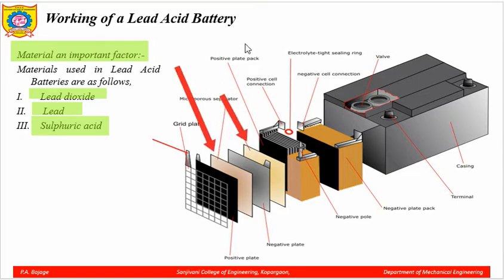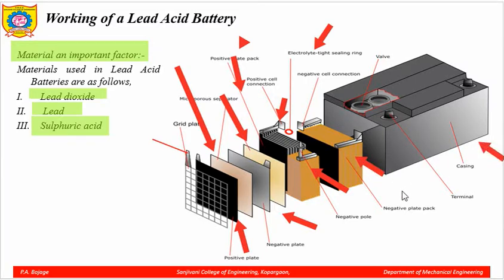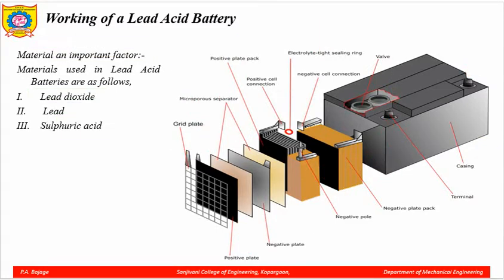This is the positive plate, the positive cell connection, electrolyte tight sealing ring, again positive plate, negative poles, negative plate, the casing, the terminals, and the valve. So these are the different components in a lead acid battery.